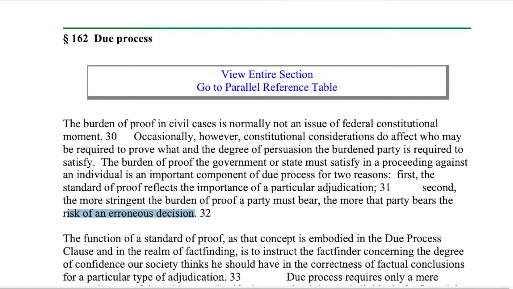So this is pretty heavy here as far as due process, right? The burden the government or state must satisfy in a proceeding against an individual is an important component. The standard of proof reflects the importance of a particular adjudication. Second, the more stringent the burden of proof a party must bear, the more that party bears the risk of an erroneous decision.